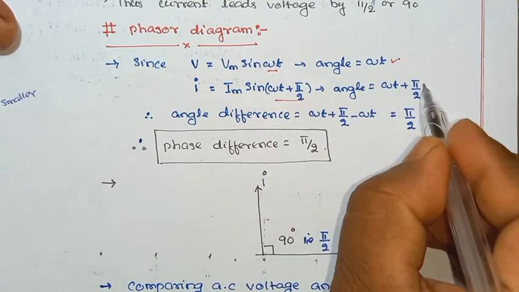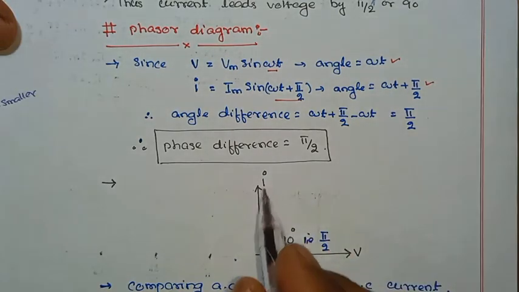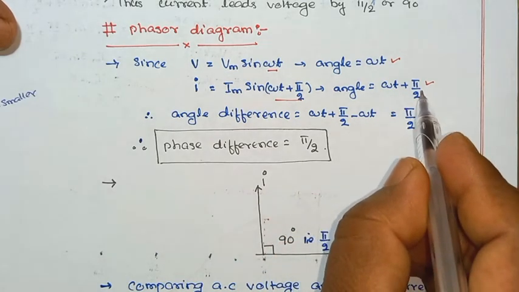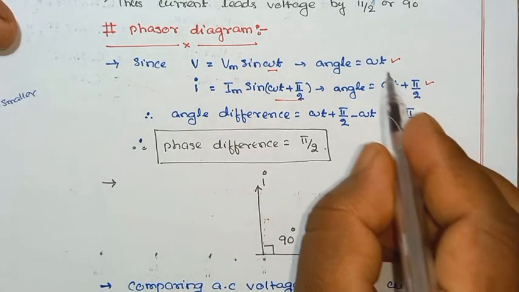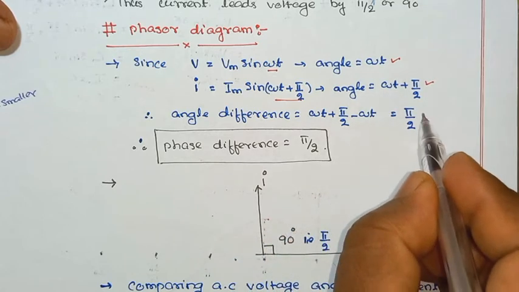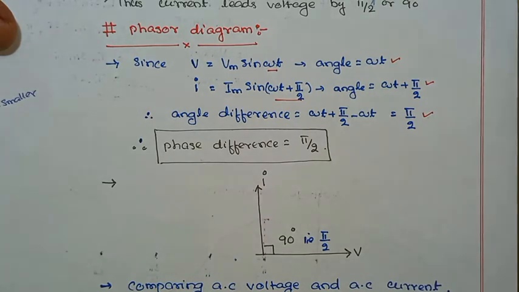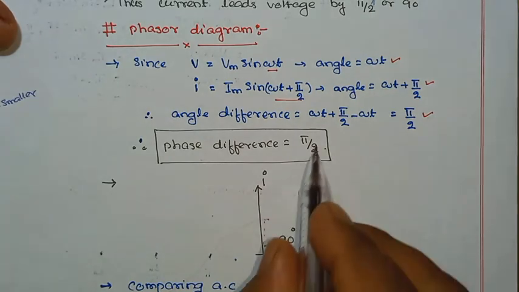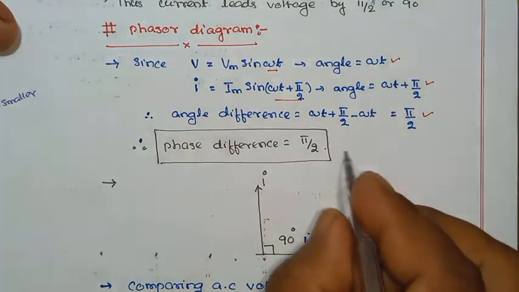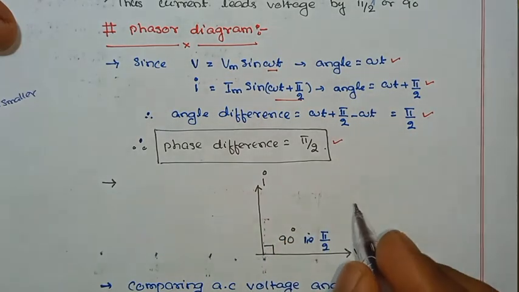Here the angle is omega t plus pi by 2. So angle difference is bigger value minus smaller value. That is, the bigger value is omega t plus pi by 2 and the smaller value is omega t. So omega t plus pi by 2 minus omega t is equal to pi by 2. ठीक है? Therefore, the angle difference is pi by 2. Hence, the phase difference is pi by 2. ठीक है?